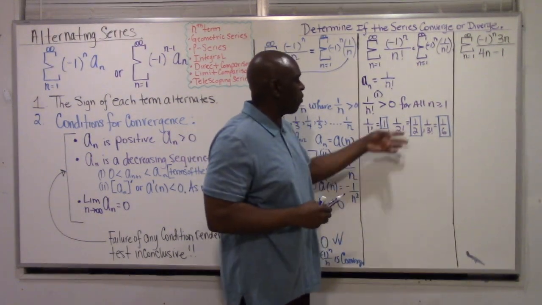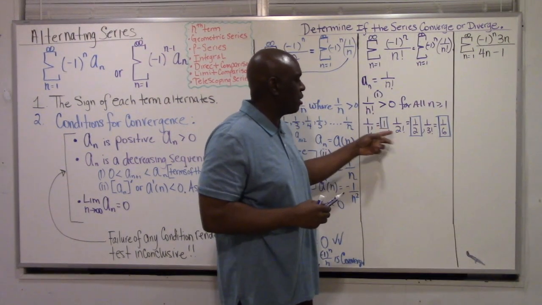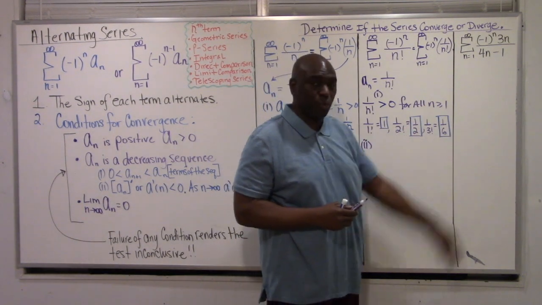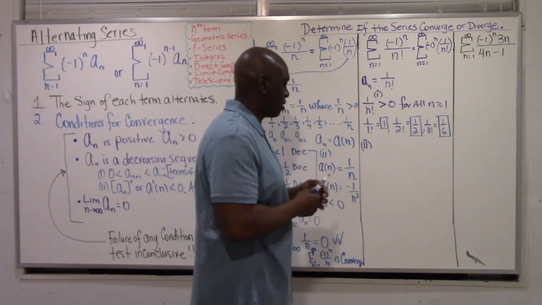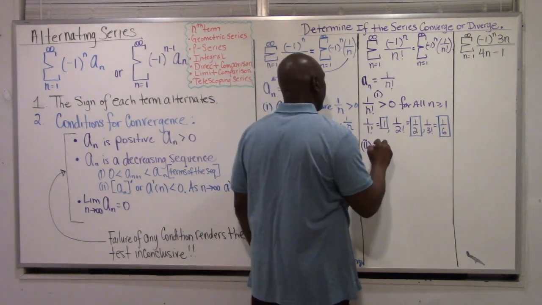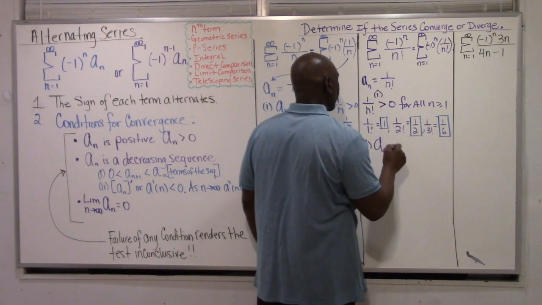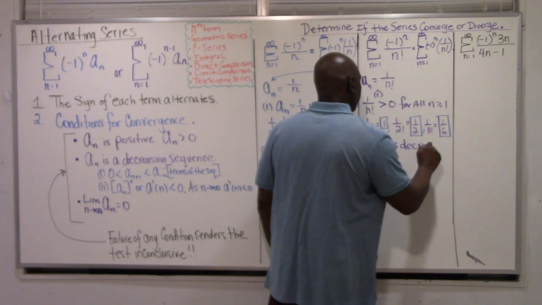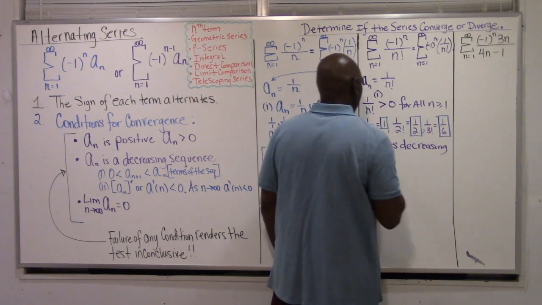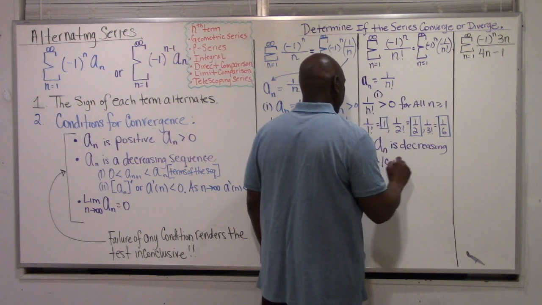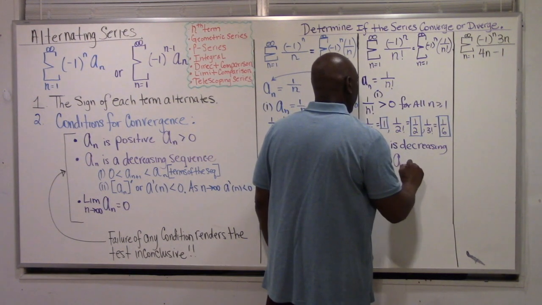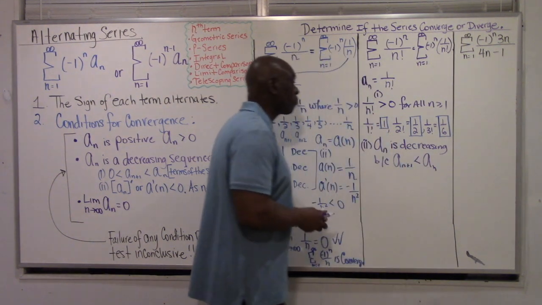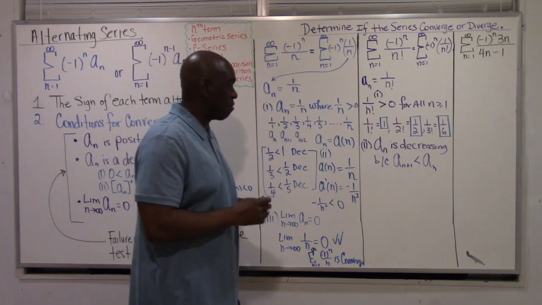So 1/2 is smaller than 1, 1/6 is smaller than 1/2, and so on and so forth. So condition 2 is satisfied. So a sub n is decreasing, because a sub n plus 1 is less than a sub n. So it is decreasing. All right.